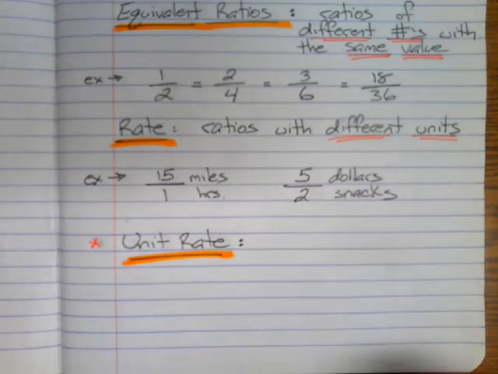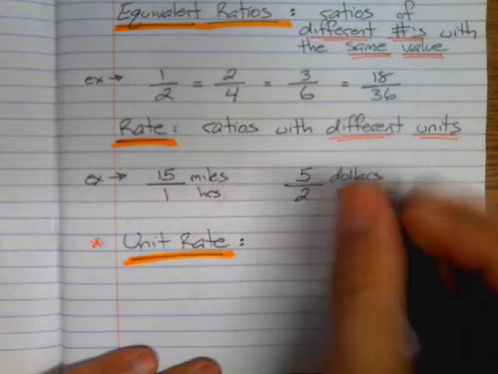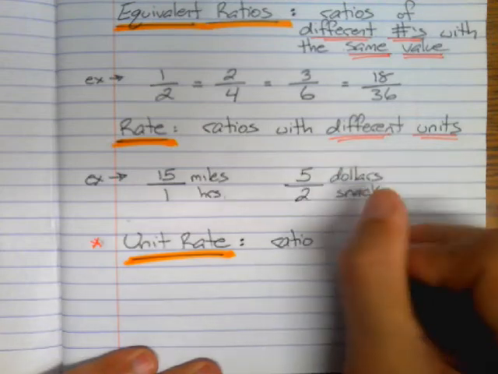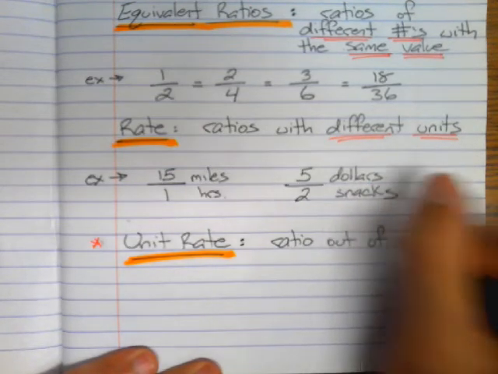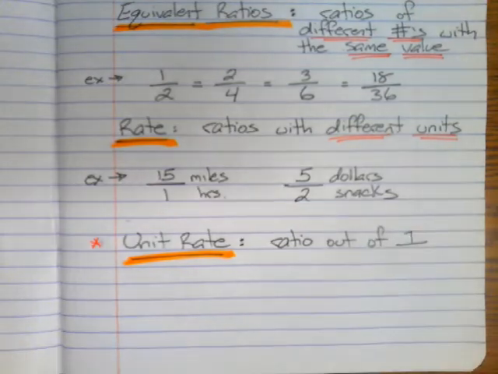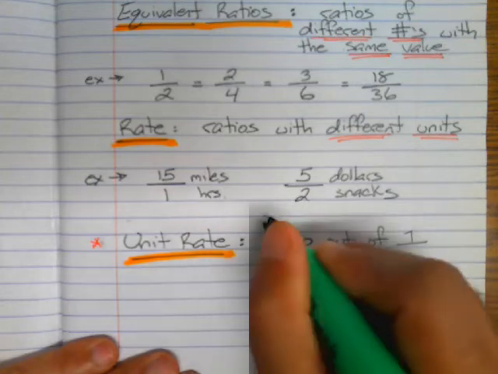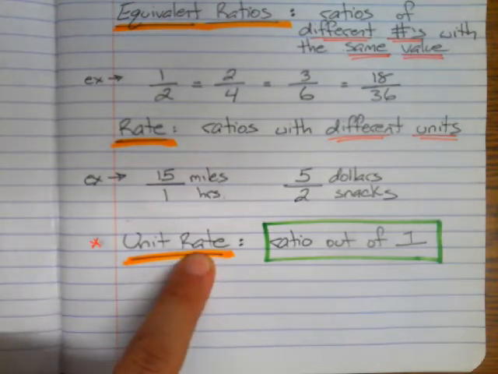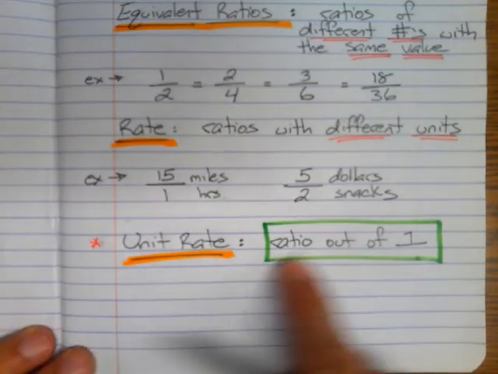A unit rate is a ratio out of 1. It's a ratio that is out of 1. And it's a rate, which is ratios with different units, and it's going to be out of 1.